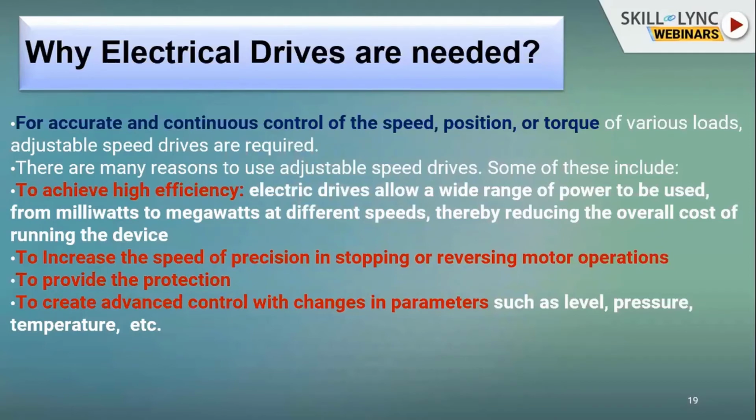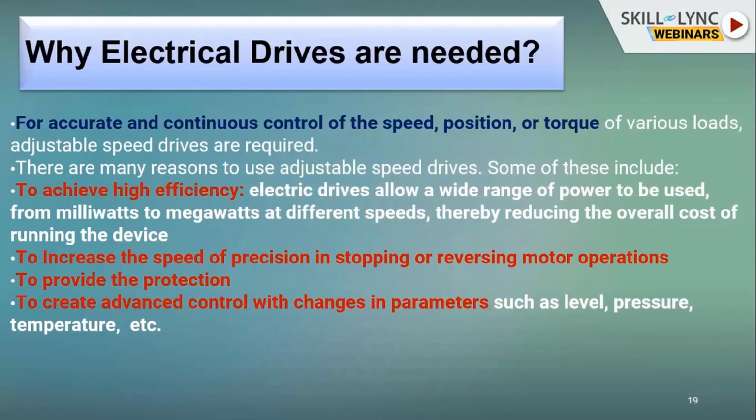But here, with the help of modern electric drives, precise stopping and reversing of the motor is possible. Like in case of the induction motor, only by reversing two phases you can reverse the operation. In the case of a conveyor belt, the reversing operation is mostly required.